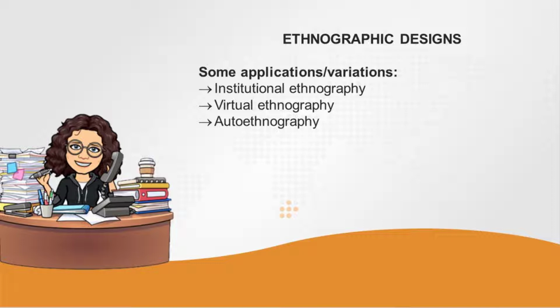Autoethnographic studies then are about the relationships, experiences, and interactions of the researcher as observed by the researcher themselves. And the research process includes things like critical self-reflection and self-examination on the part of the researcher.